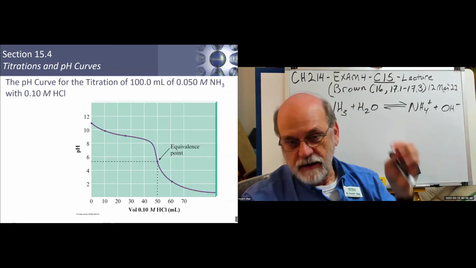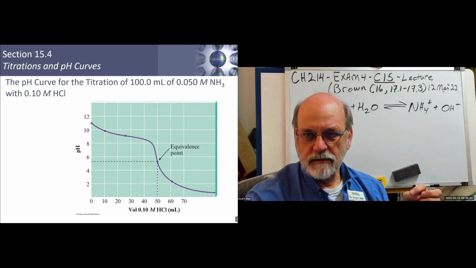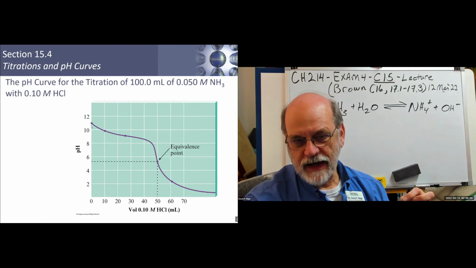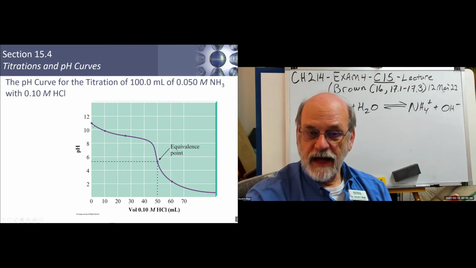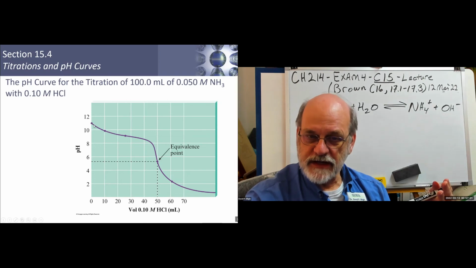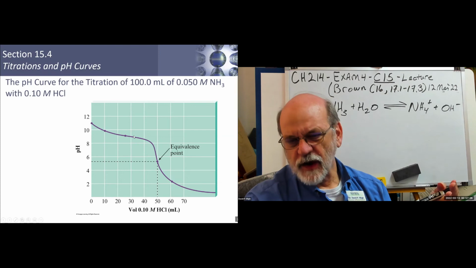Okay, so here's a case where we're titrating ammonia with HCl. And notice you start off at a high pH for the ammonia. And then as you add the acid, the pH decreases until it reaches a somewhat flat region.